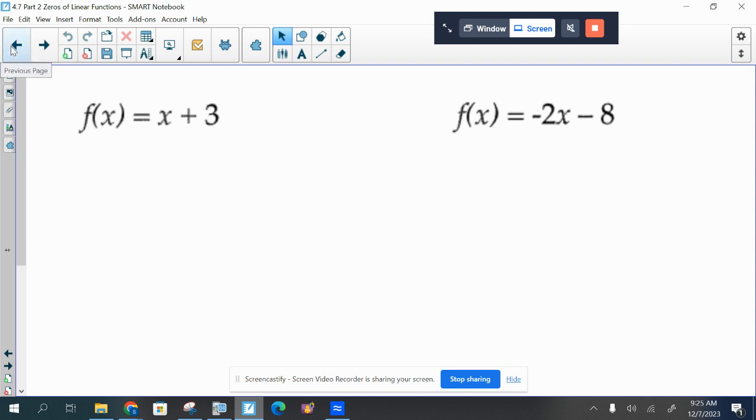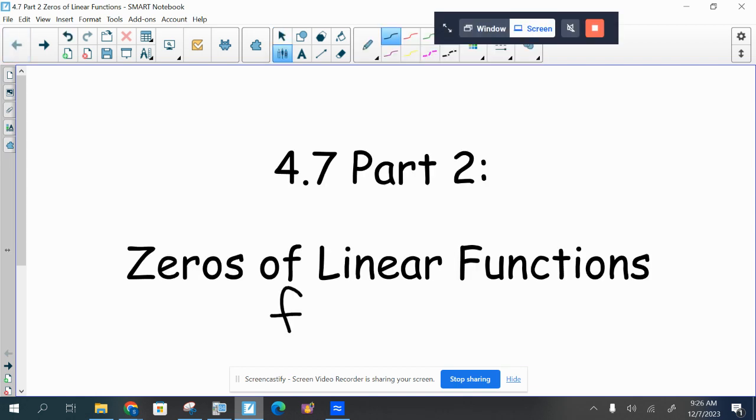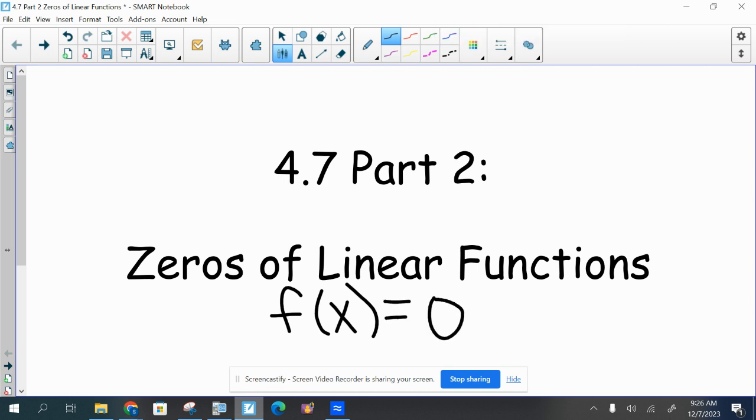So the first thing at the top of your page says, the key concept is that zeros of linear functions are values of x such that f of x equals 0. So they're values of x for when f of x equals 0.